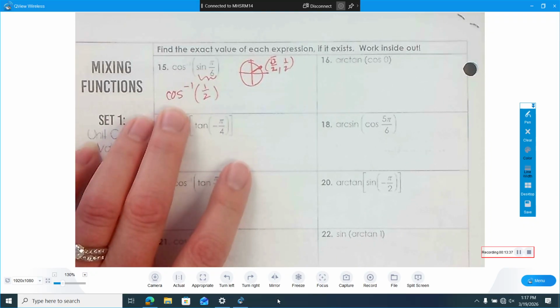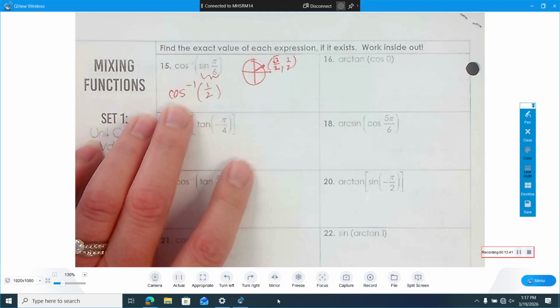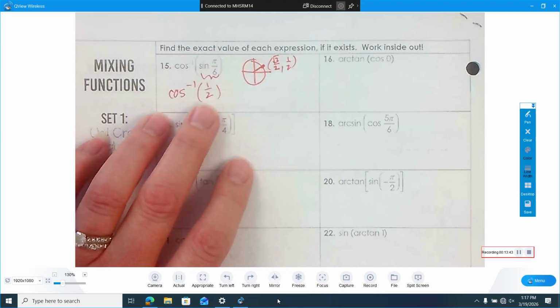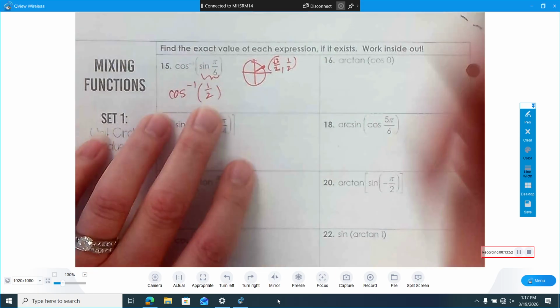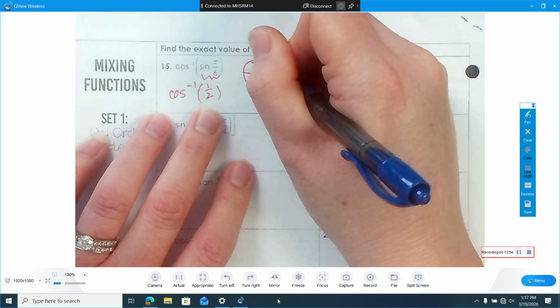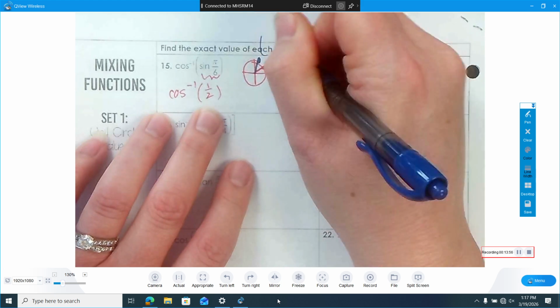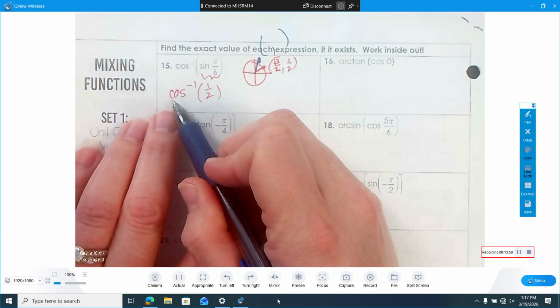So what angle has a cosine value of 1/2? Pi over 3. Yeah, right here on the unit circle. This would need the cosine.